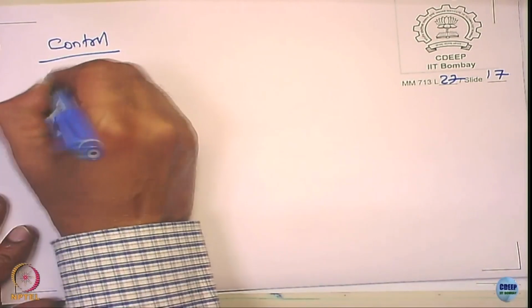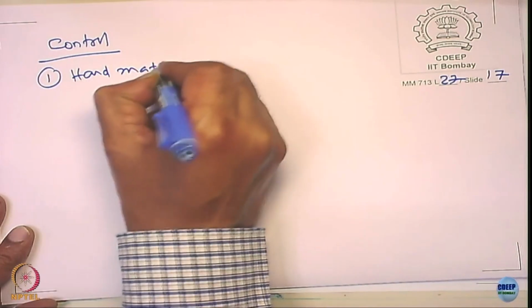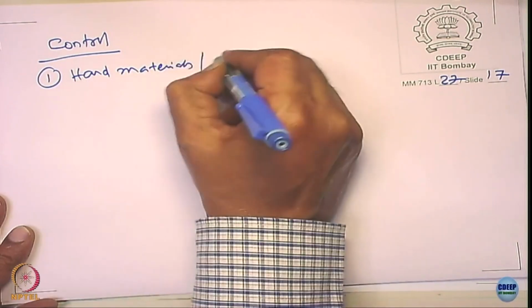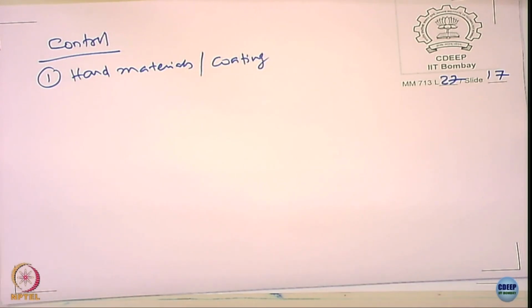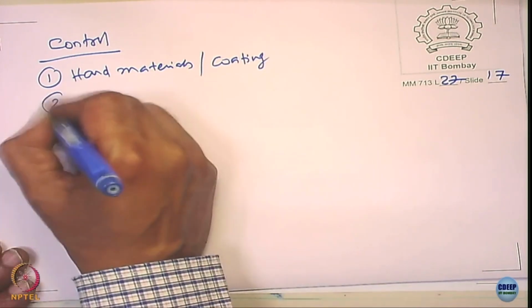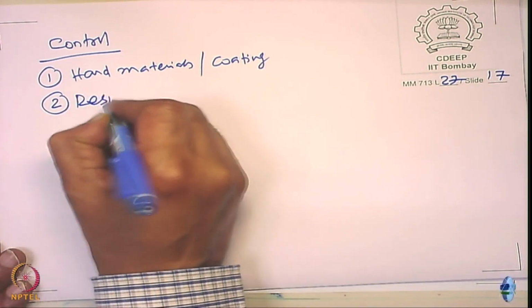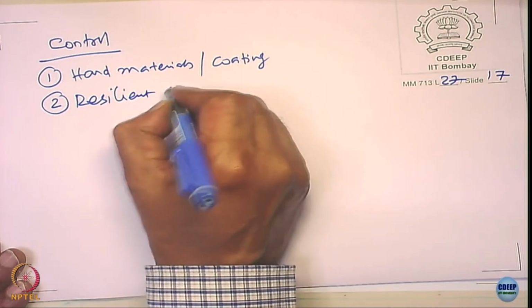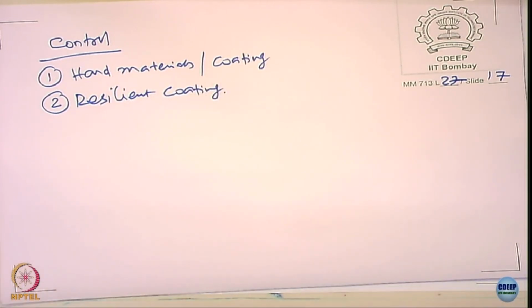One of course is hard materials, coatings, like stellite coating, copper containing coatings, you can do that. You can also have resilient coating. See, the resilient coating, what does it do? It just does not lead to plastic deformation, right?